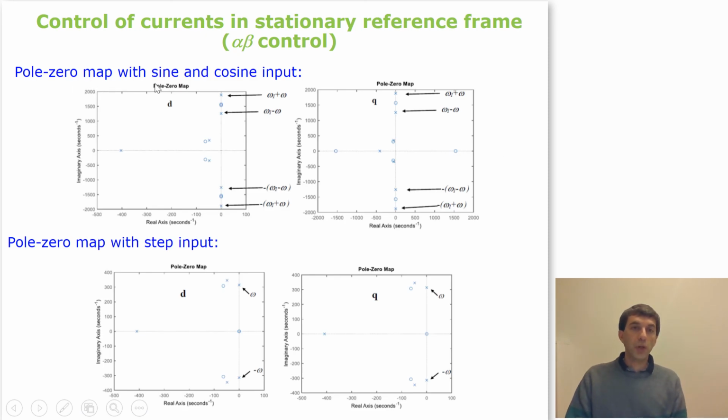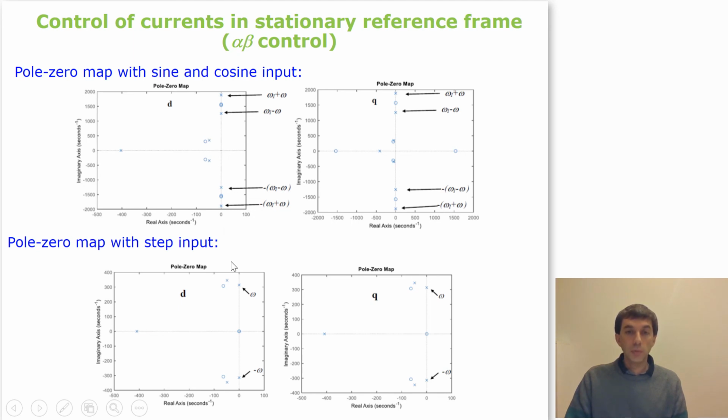So if we compare the pole zero map with sinusoidal and cosinusoidal inputs and the one that we have obtained before with the step inputs, we see that these three poles are the same. The scale is different, but the poles themselves are the same.